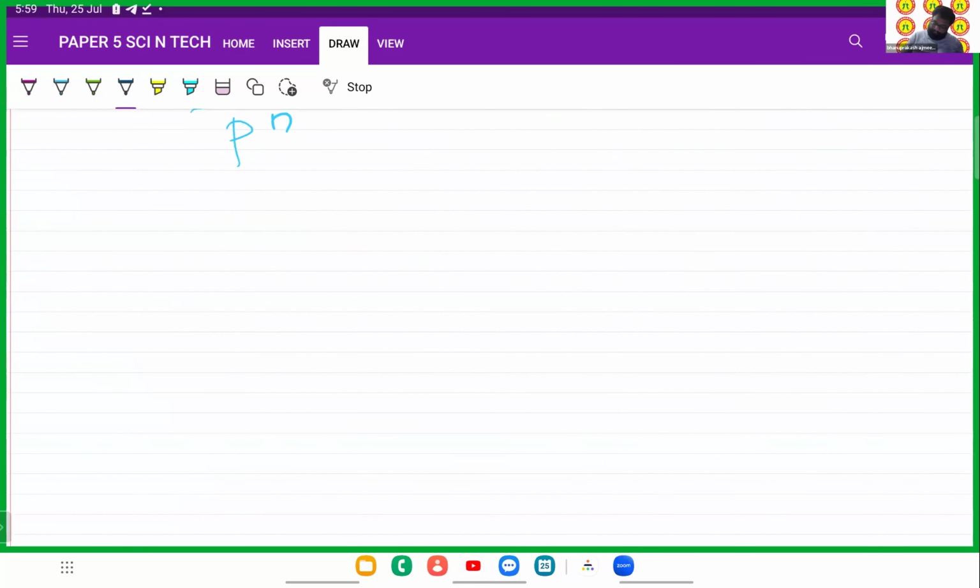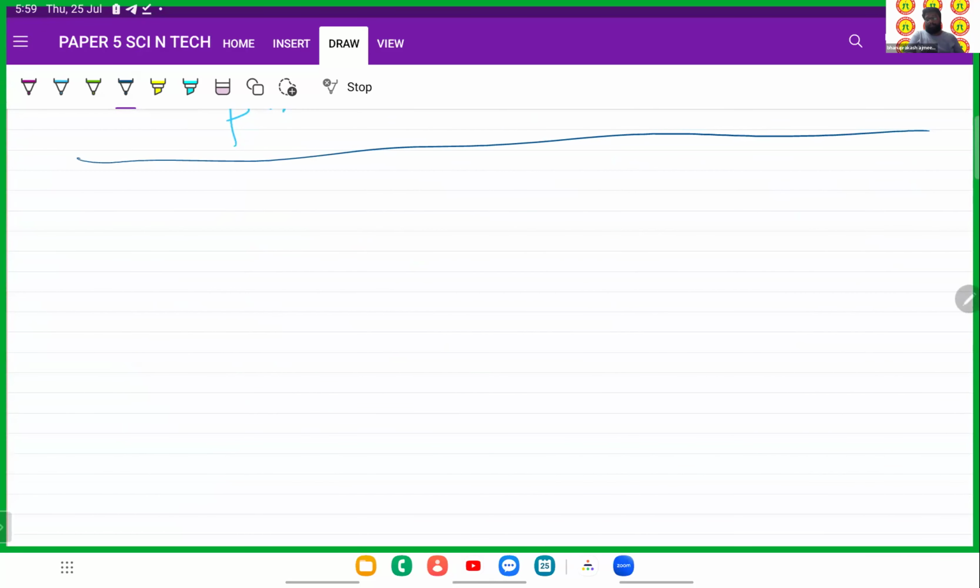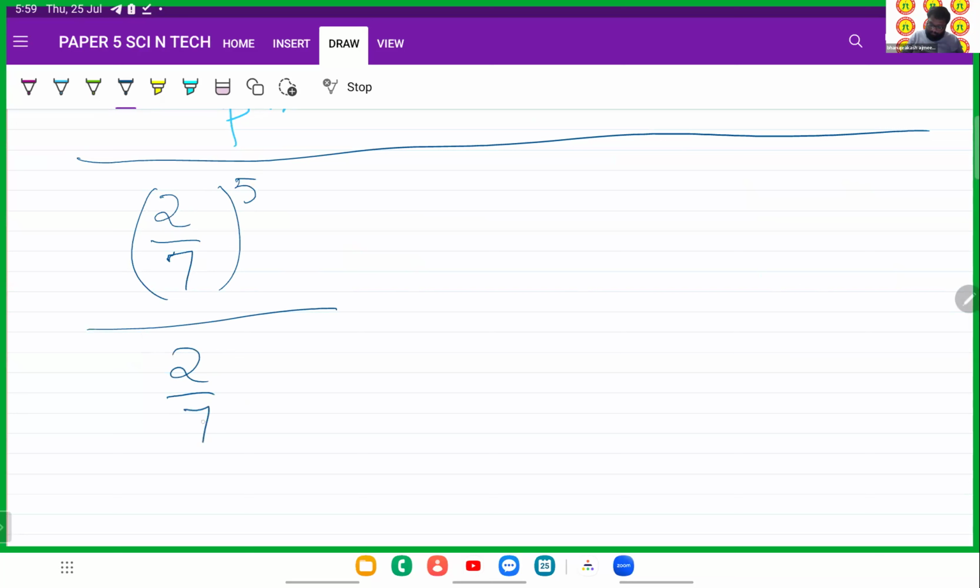Similarly, 2 by 7 whole to the power of 5 by 2 by 7 whole to the power of 1.